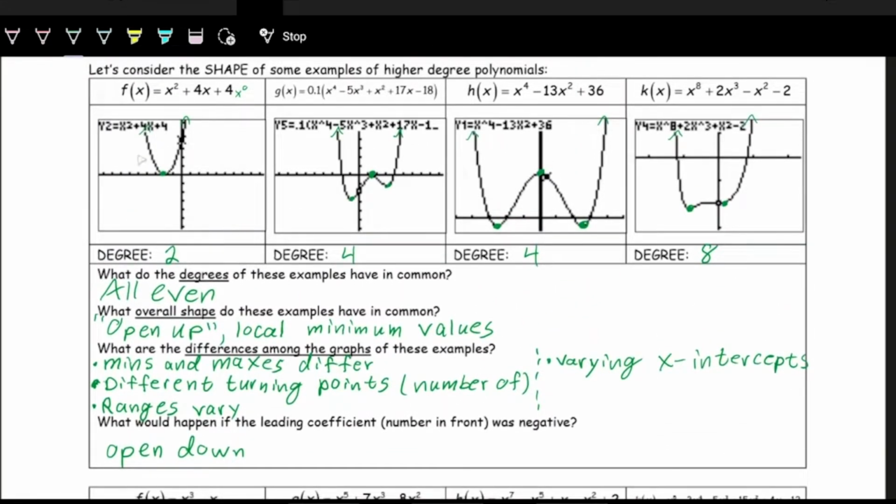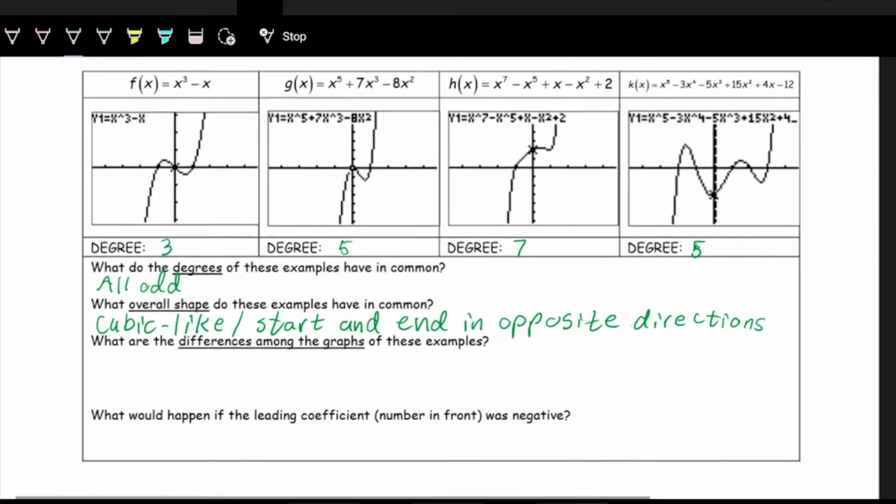So they all start and end going up to positive infinity. But these other ones, you have it going down to negative infinity on the left, and then going up to positive infinity on the right. So they start and end in these different directions.